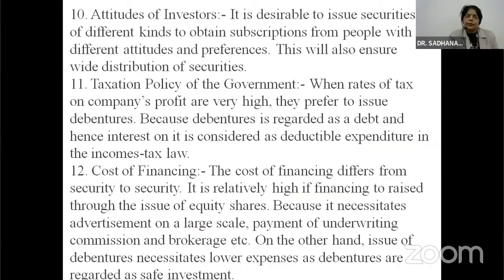And attitude of investors: it is desirable to issue securities of different kinds to obtain subscription from people with different attitudes and preferences. And taxation policy: if taxation is very high, then people use debentures, otherwise people use equity shares.